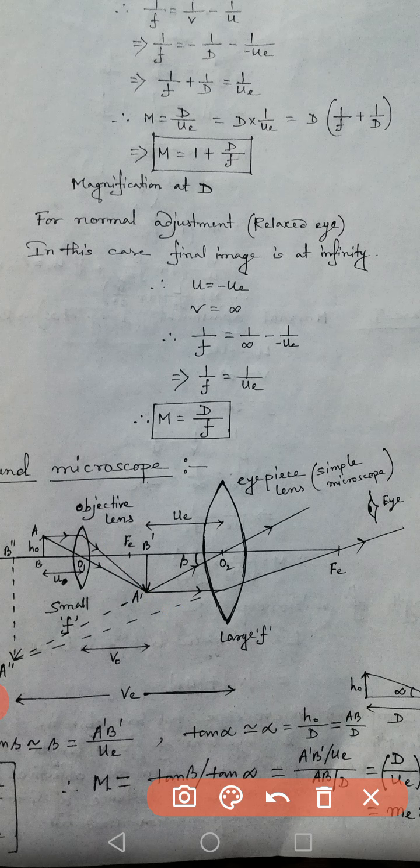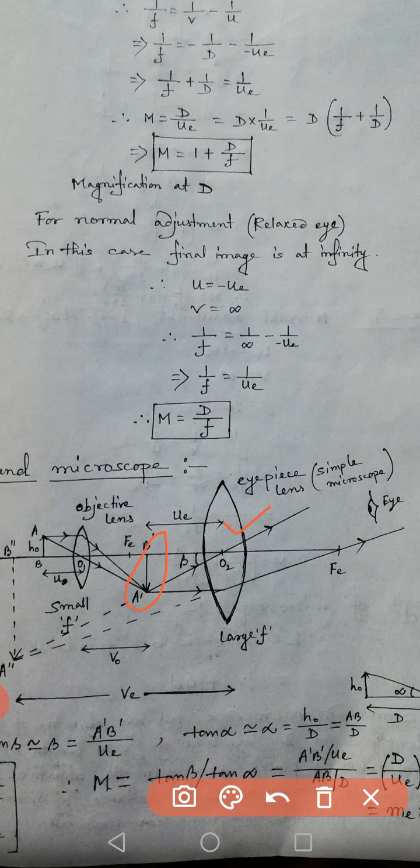Another ray passes directly through the optical center, and it meets at this point, and there will be formation of the image. Now this is the image A dash B dash. Now this image is formed by which lens? By the objective lens, which is small in size, right? Now this image is behaving like an object for the second lens.